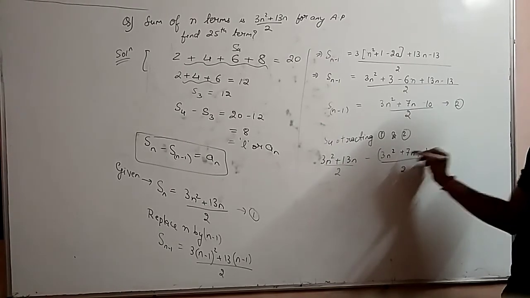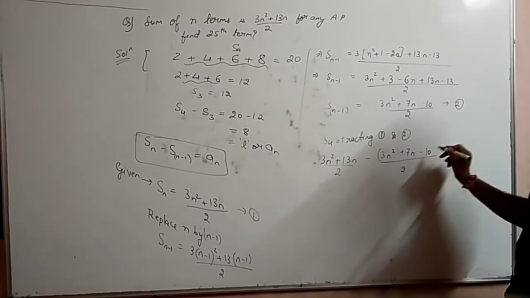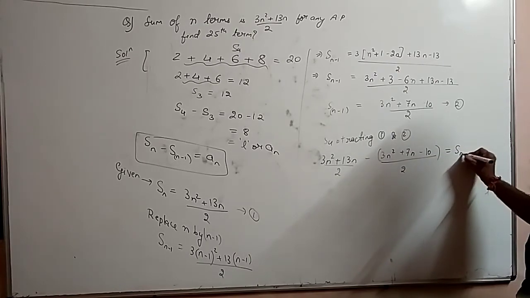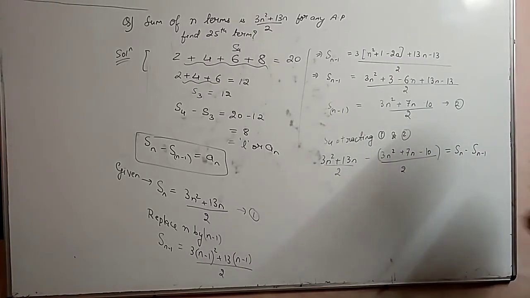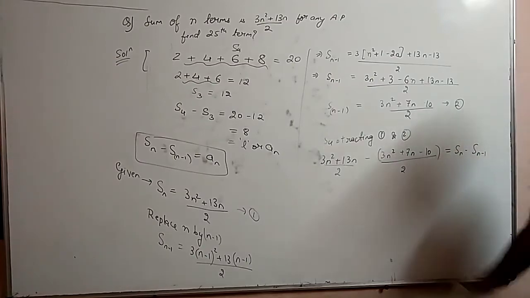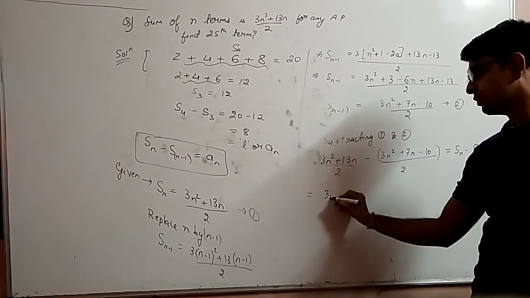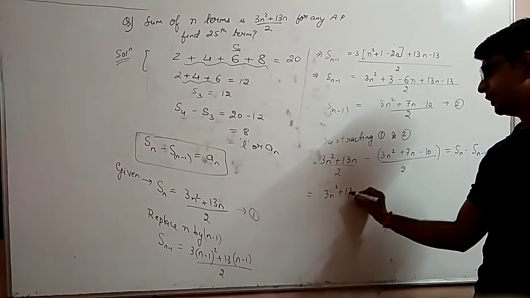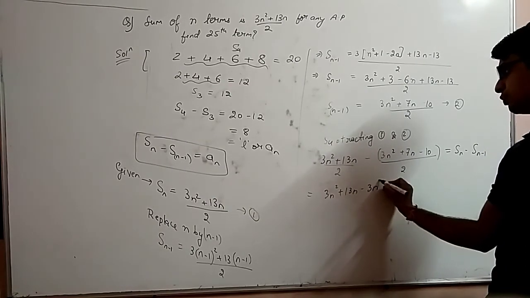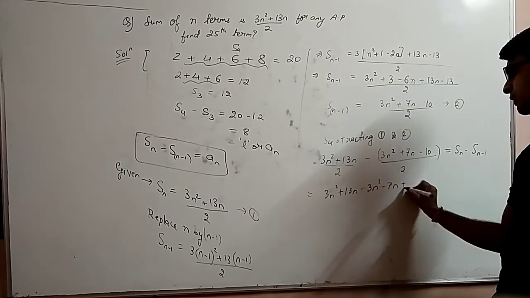Or you can just write it like this, and here is Sn minus S of n minus 1 terms.